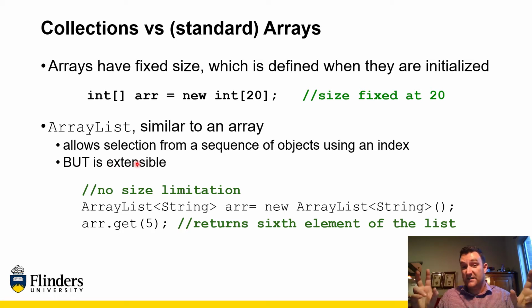There's no size limitation apart from the size of the RAM in your computer. We just define it without giving it a size. If you're really particular and want to tell it a size, you can, but generally we don't. And we can just start using it, add things to it, get things from it. And remember it's zero-based indexing. So get(5) returns the 6th element in there.